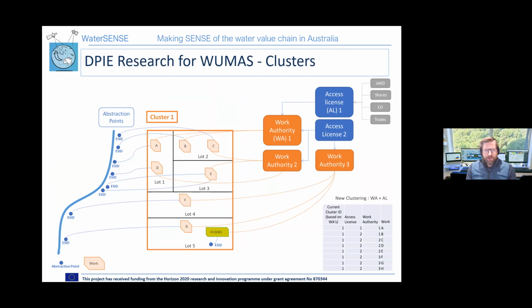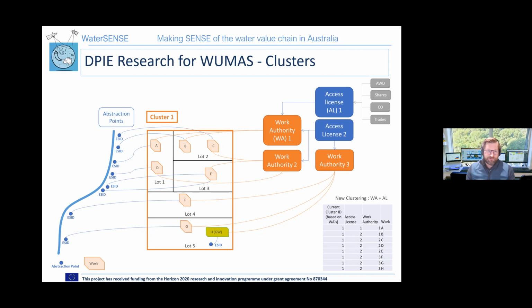To be able to compare remotely sensed irrigated water use at a field level to actual authorized water use in Australia is a very complicated process, because Australia has a very complicated water use authorization process. You cannot compare a license to a field or to a pump station or to an individual work.